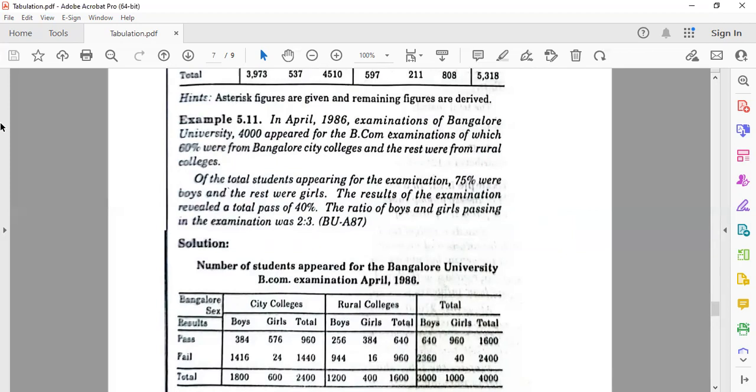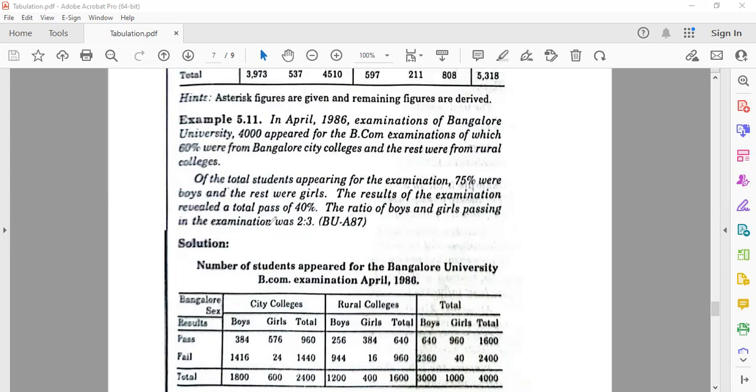So this is the data given. Of these, 60% were from Bangalore city colleges and the rest were from the rural colleges. Of the total students appearing for the examination, 75% were boys and the rest were girls. The result of the examination revealed a total pass of 40%.